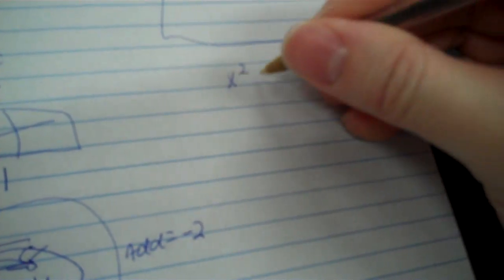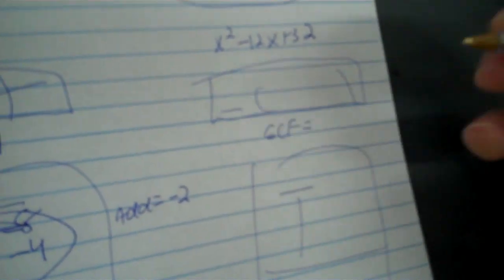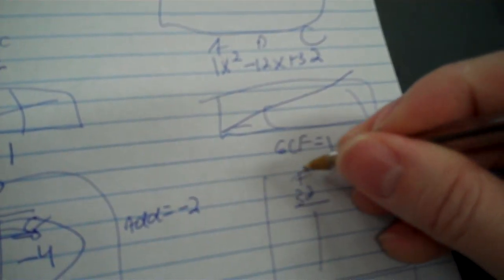Okay, now let's come over here. X to the second minus 12x plus 32. So that'd be GCF and table. GCF's 1. So 1 times 32 is 32 positive. Okay, so positive means it's a negative by negative.